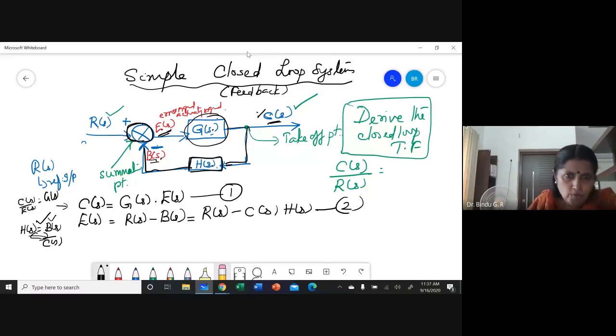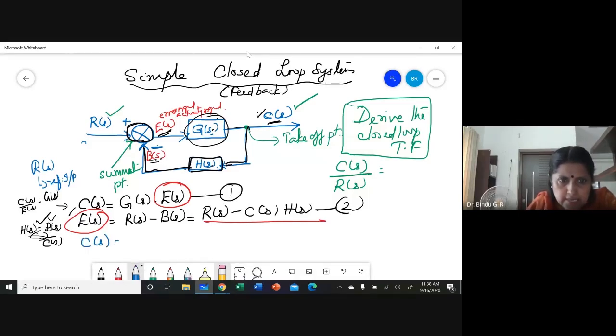Okay. Now, I have these two equations. What I'm going to do is substitute E(s) with this equation, so that I'll get C(s) is equal to G(s) into R(s) minus C(s) H(s).